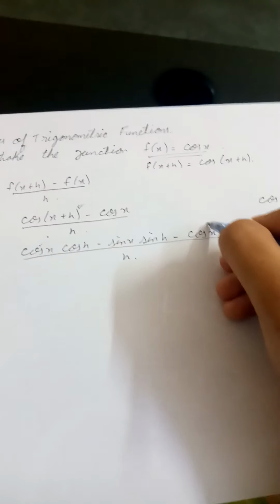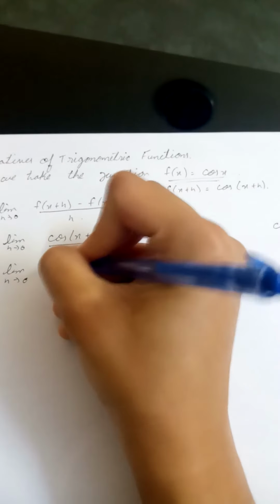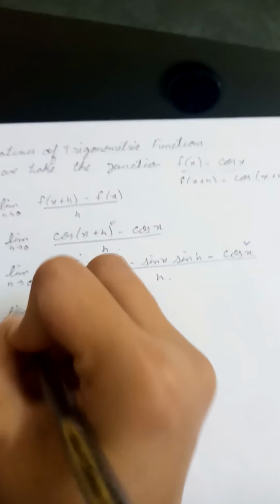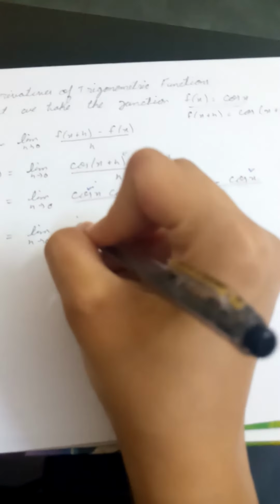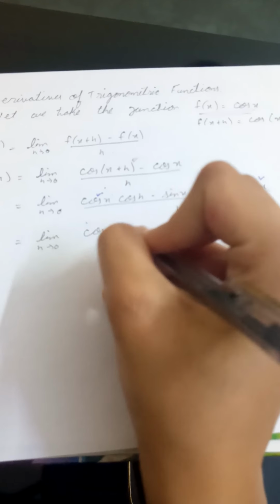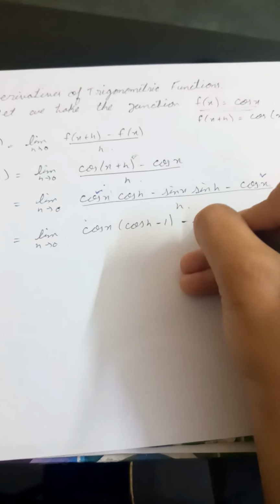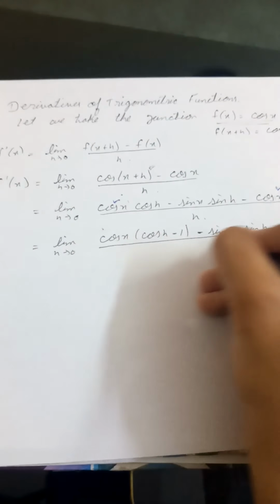See from here that cos x is common. So we will take cos x common from both of them. That will become limit h tends to 0 of cos x times cos h minus 1, minus sin x sin h, divided by h.